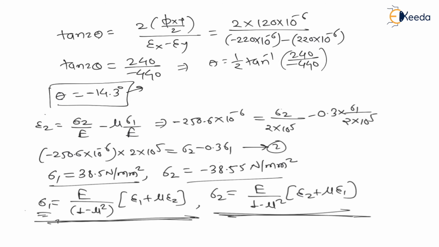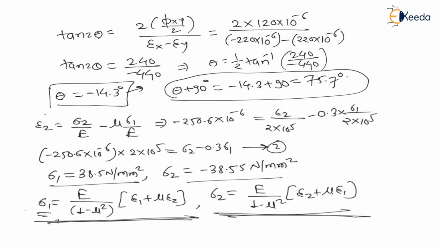This is the angle of one principal plane, and the other principal plane is at 90 degrees to the first, that is theta plus 90 degrees: minus 14.3 plus 90 gives 75.7 degrees. So minus 14.3 degrees and 75.7 degrees are the principal planes.